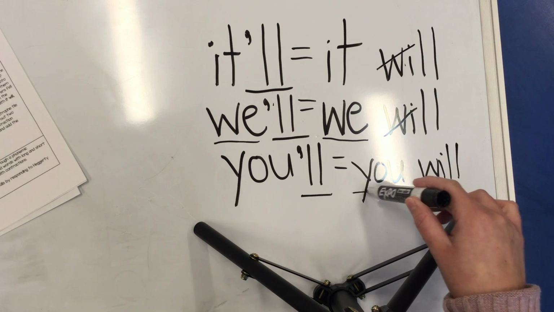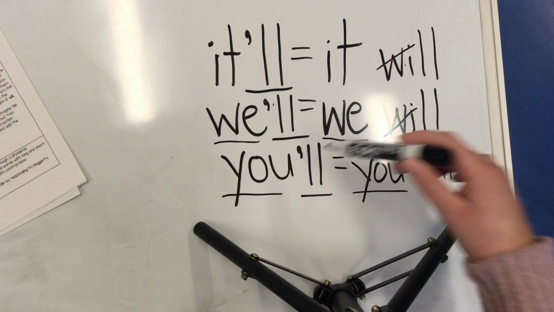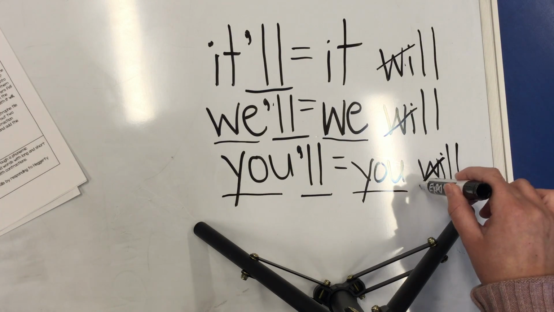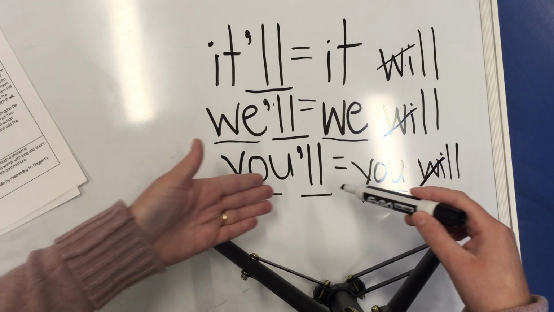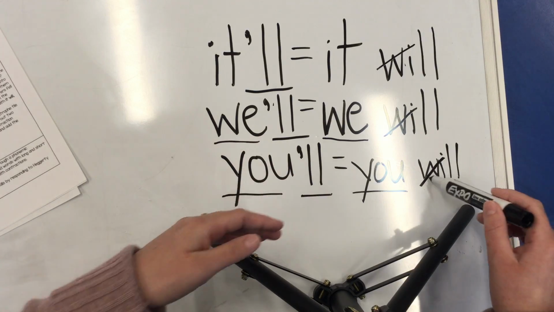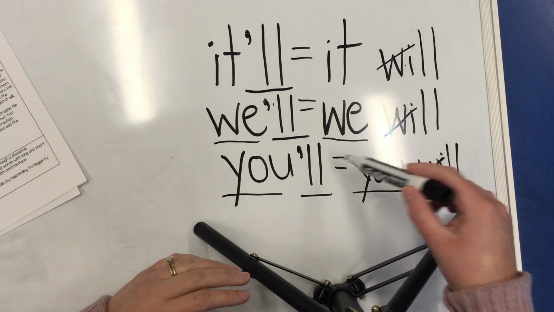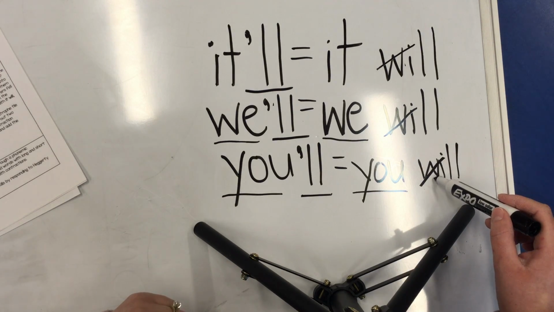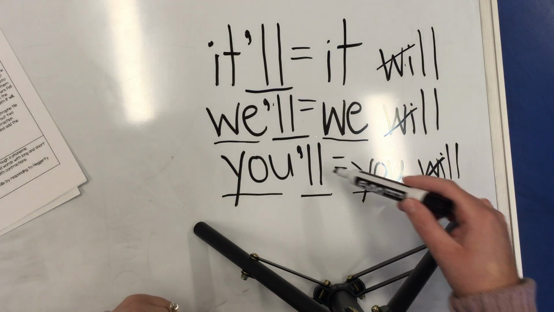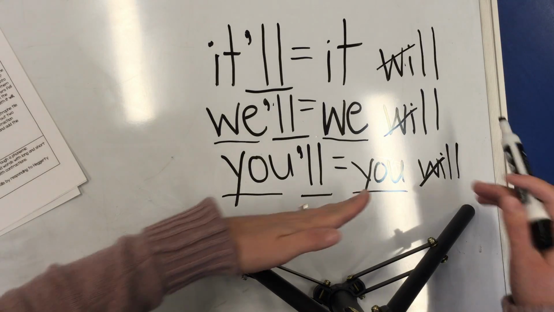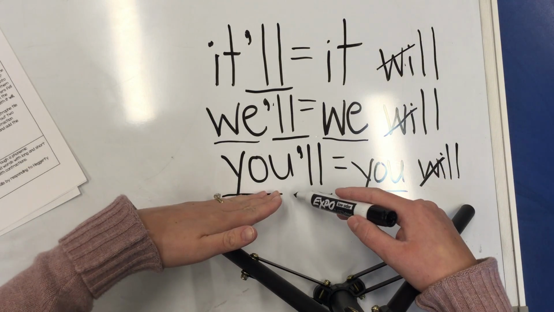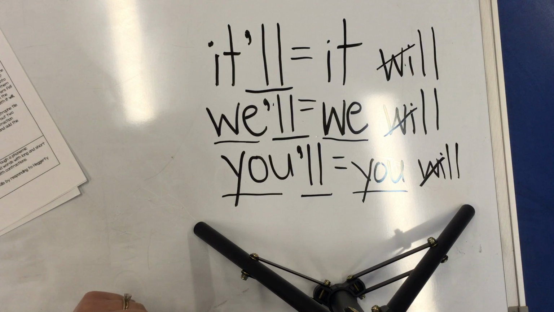Remember, we write out the whole first word, and then we're taking out the W and the I because we don't hear it when we say you'll. We don't hear the W, I, and will. We just hear the LL part. So the apostrophe holds the place of these two letters that fell out, and then we put LL on the end. So we're smushing them together, and it becomes you'll.